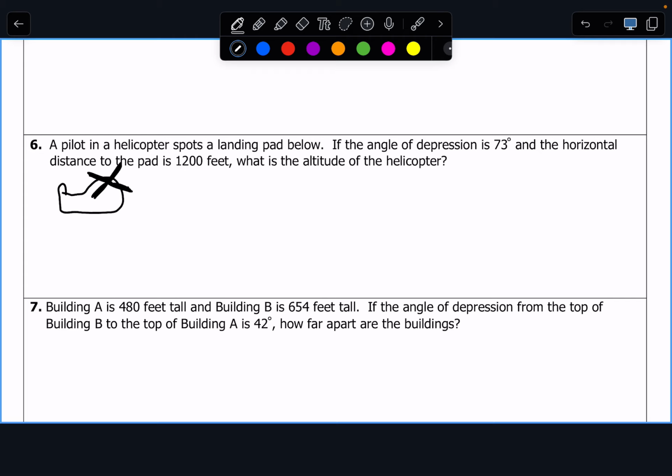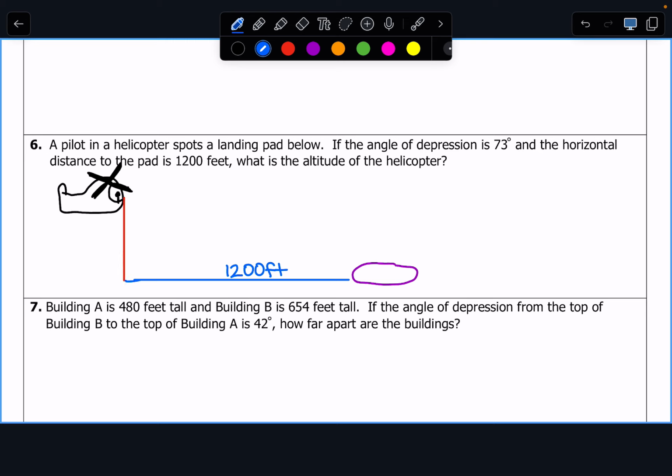He notices a landing pad down below. That's where he's trying to land. The horizontal distance to the landing pad is 1,200 feet. What is the altitude of the helicopter?